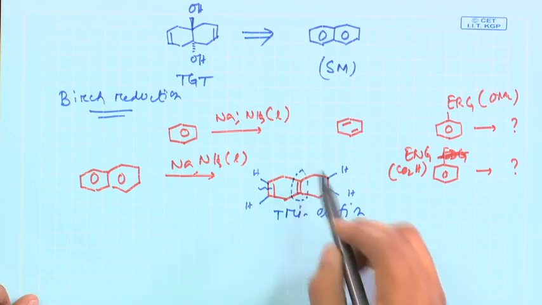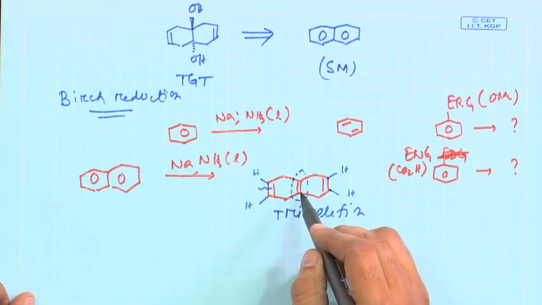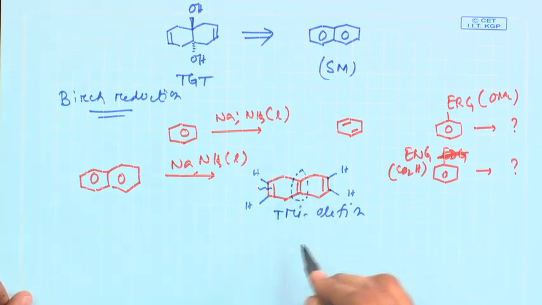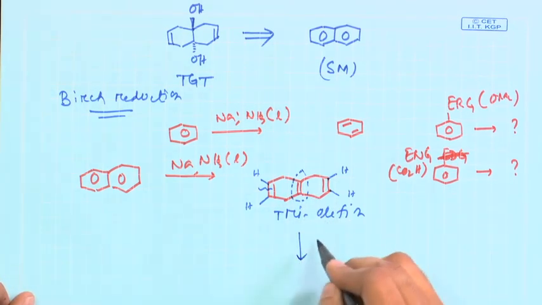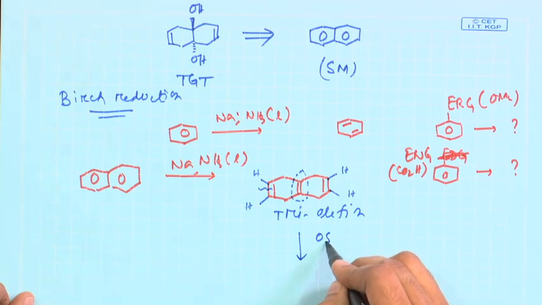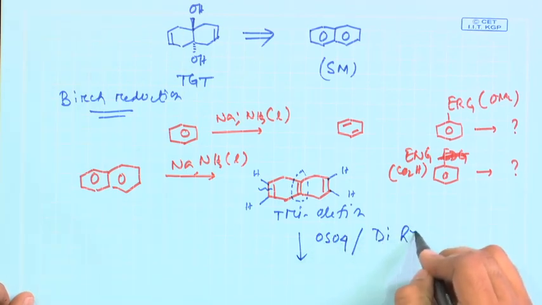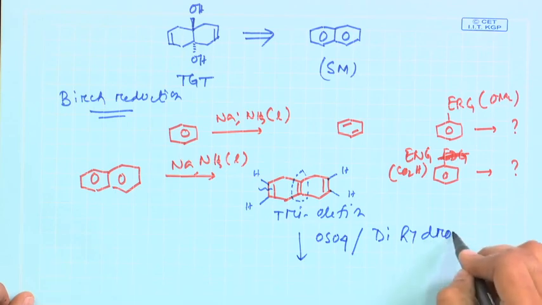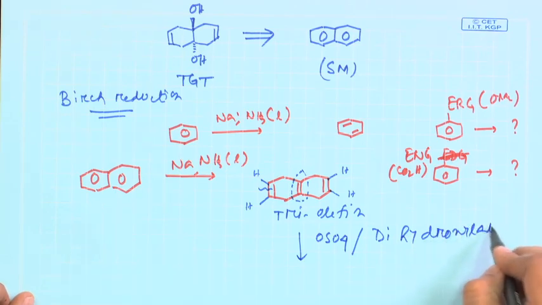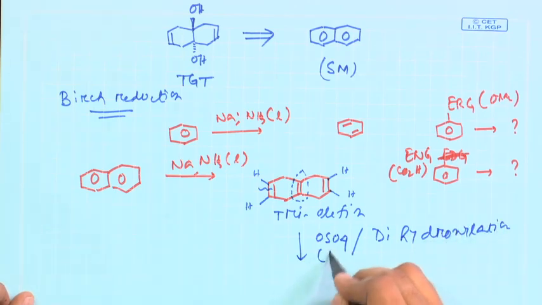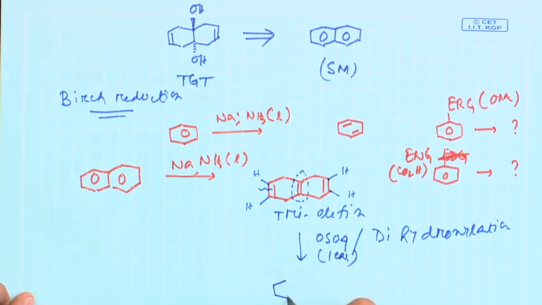It does not have a hydrogen, so it is more electron rich, and that is why when you do a diol reaction or osmium tetroxide dihydroxylation, with one equivalent of osmium tetroxide, you can control the geometry. Okay.